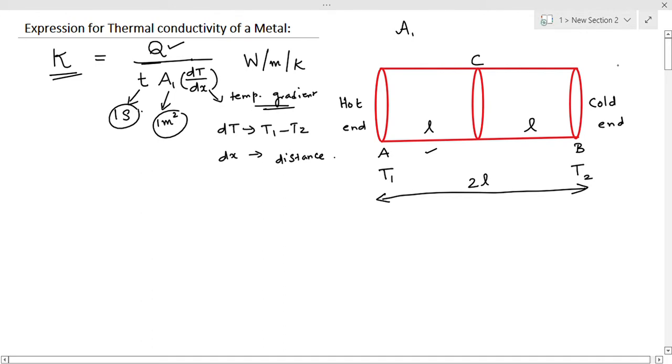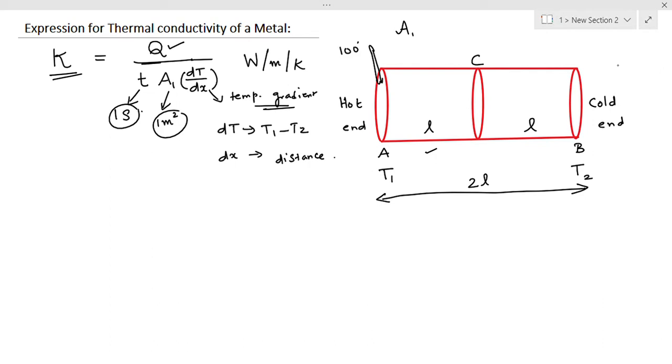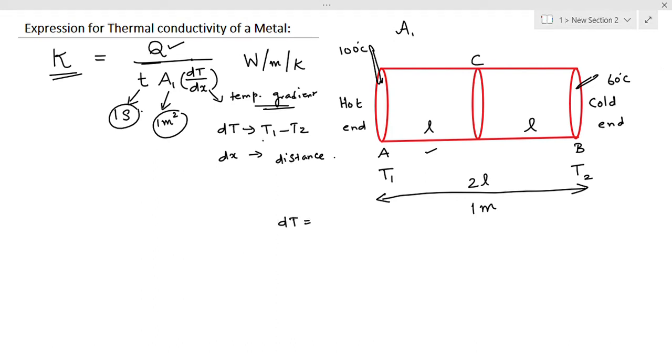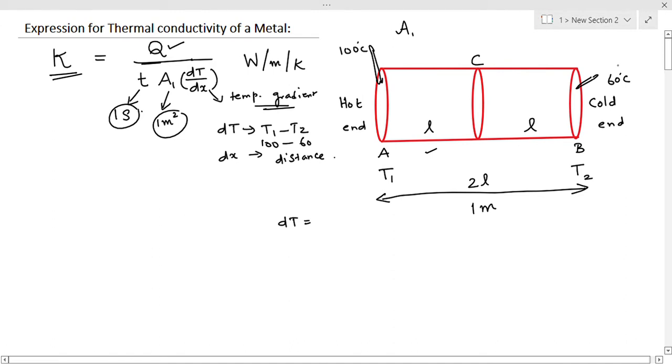If I take a thermometer and measure the temperature at the hot end, let us take it is at 100 degrees Celsius, and at the cold end, let us take it is at 60 degrees Celsius. Let the length of the metal rod be 1 meter. Then the temperature gradient dt is T1 minus T2, 100 minus 60, I'll get 40 degrees Celsius.